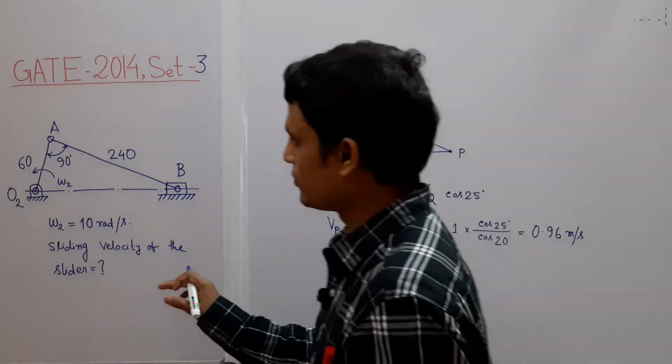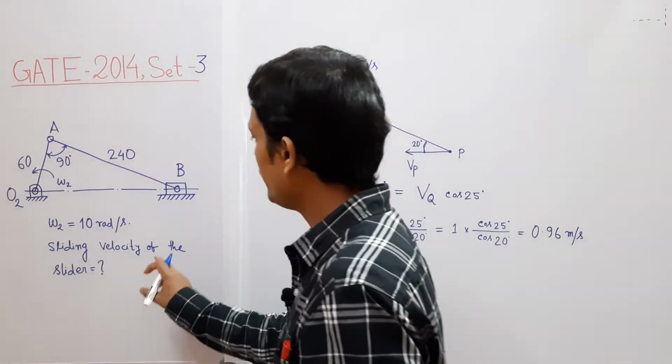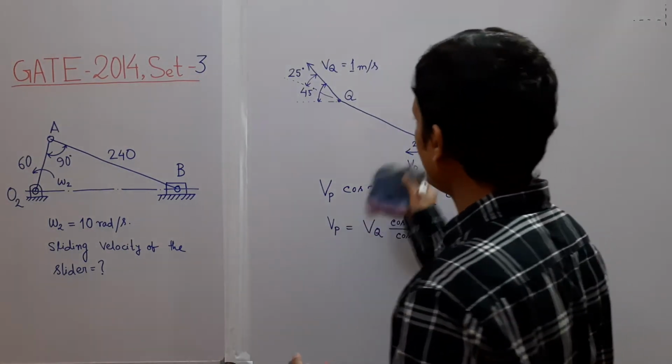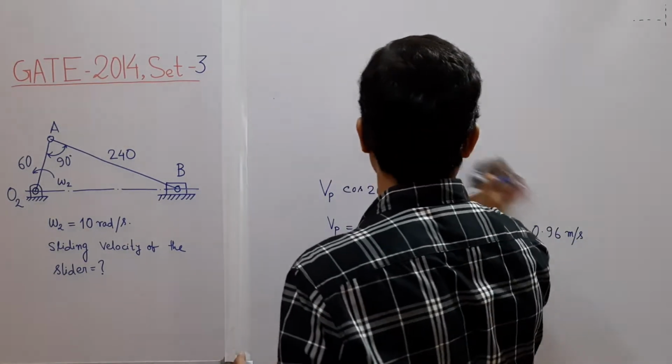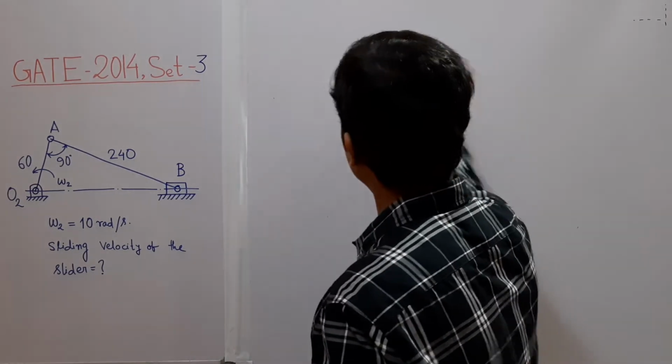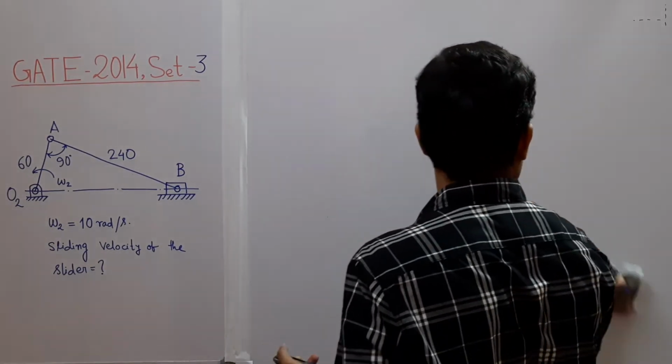You have to determine the sliding velocity of the slider. This is a numerical answer type question, so you have to put the values.